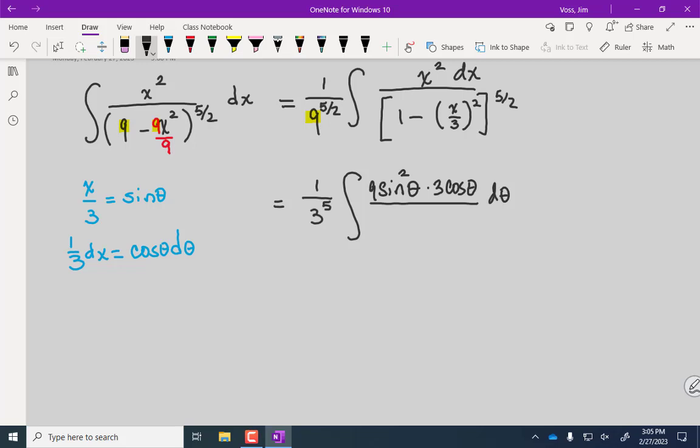Okay, denominator. We ready to go to the denominator? We're just going to process this. All right, going into the denominator, that's going to be 1 minus sine squared, all raised to the 5/2 power, because x over 3 is sine, so 1 minus sine squared.